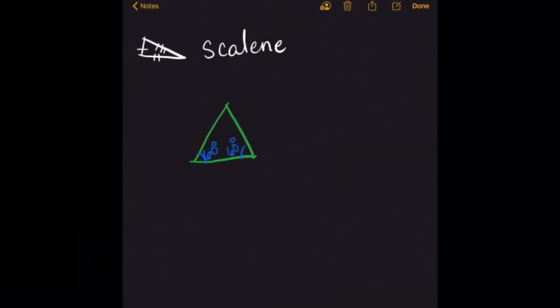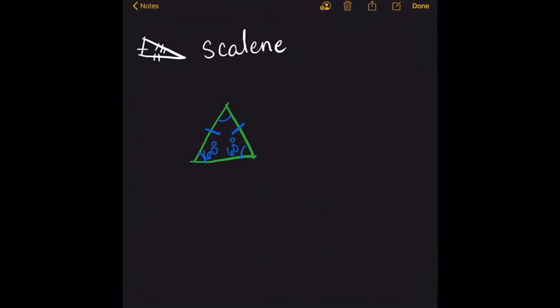I guess this would be an equilateral triangle if that was the case, because this one would have to be 60 as well. But what it tells us is that because those are both 60, this side is equal to that side.